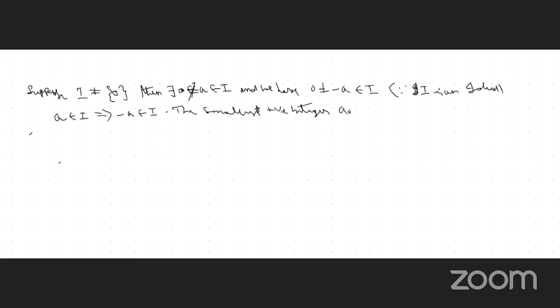We shall prove that I equals a0 Z. RTP means required to prove: I equals a0 Z, star.